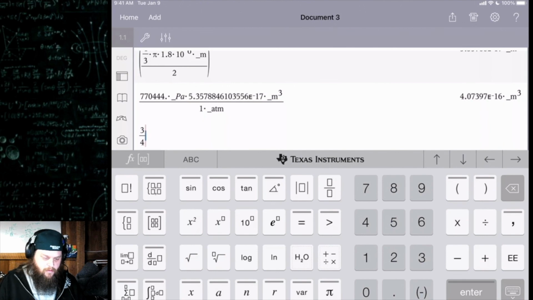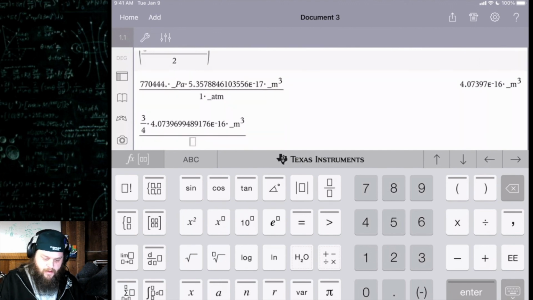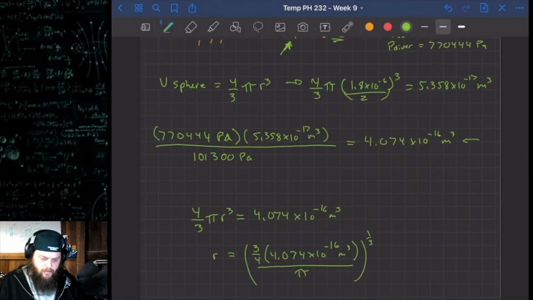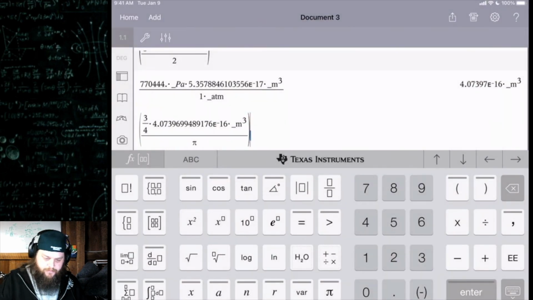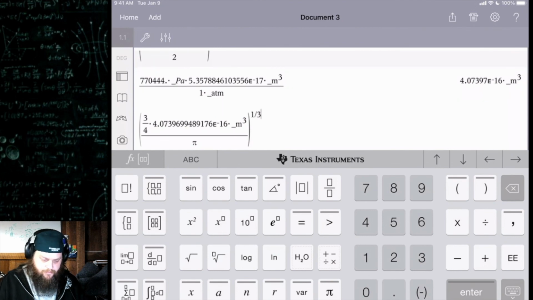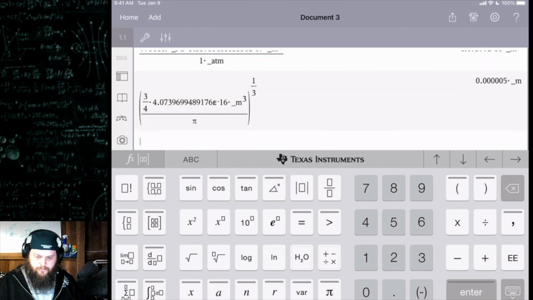3/4 times that, divided by pi, all to the 1/3 power. And that's 4.598 times 10 to the negative 6.